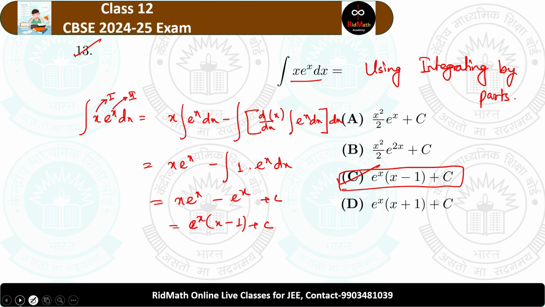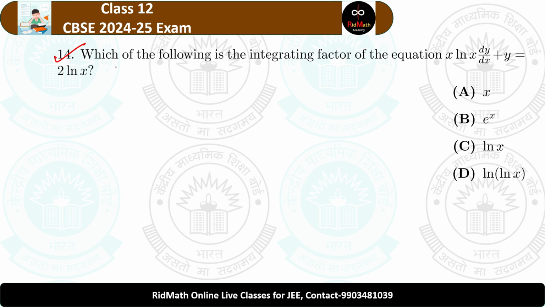Okay, next problem. Question number 14. Which of the following is the integrating factor of the differential equation? The differential equation is x ln x dy/dx plus y equals 2 ln x.